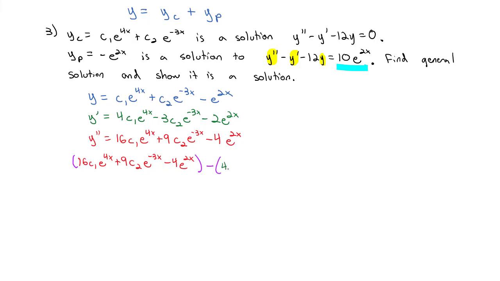Y prime is 4c1 e to the 4x minus 3c2 e to the negative 3x minus 2 e to the 2x. And then we're going to subtract 12y. And y is c1 e to the 4x plus c2 e to the negative 3x minus e to the 2x.